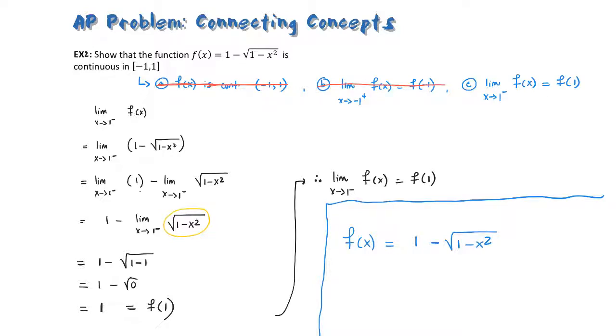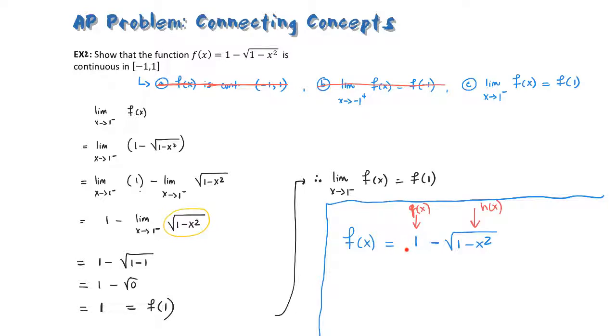So if you think about it like this, think about this as being the difference of one function, let's say g of x, and this one over here, h of x. So what we found is that this entire function is fully continuous.